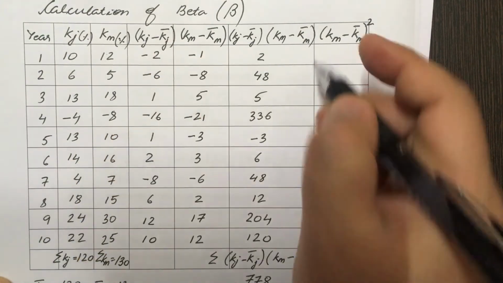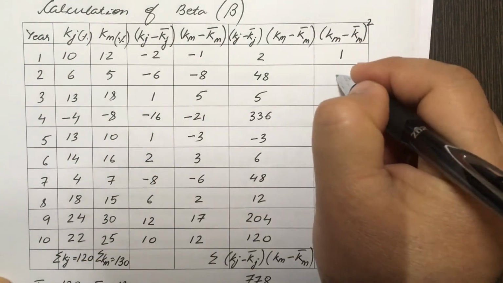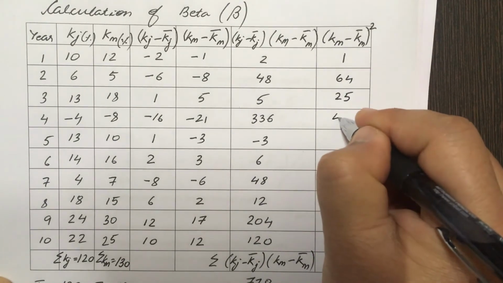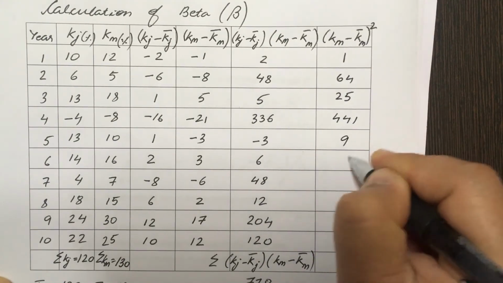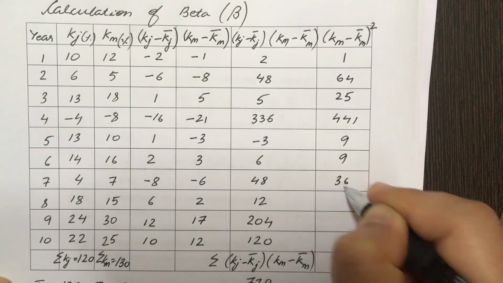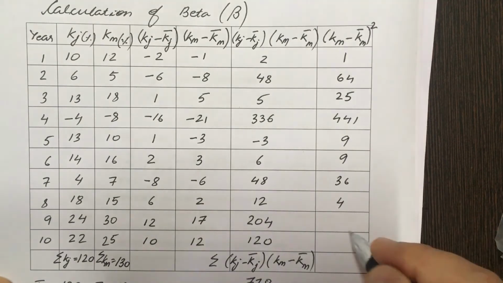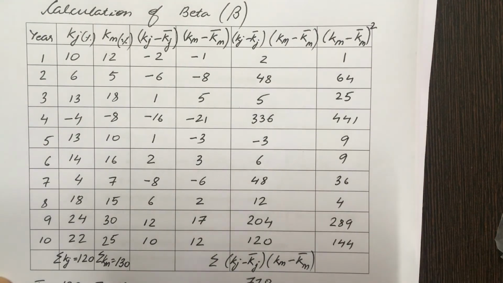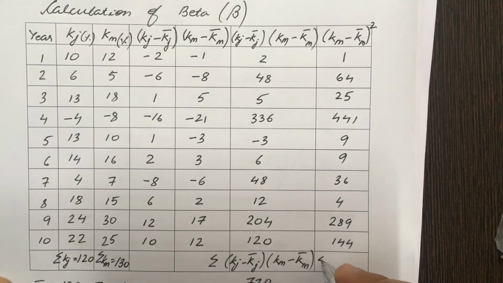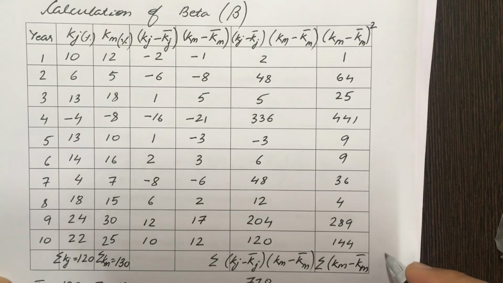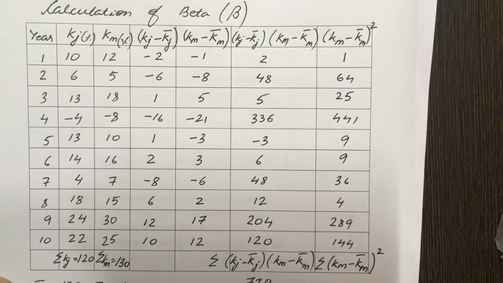Okay. This will be 1. This will be 8 8s are 64. 25. This will be 441. This will be 9 9s, 36. 4. 289 and 144. Again, find out the summation, the total of km minus k bar m square.